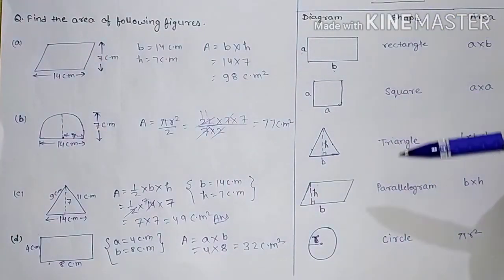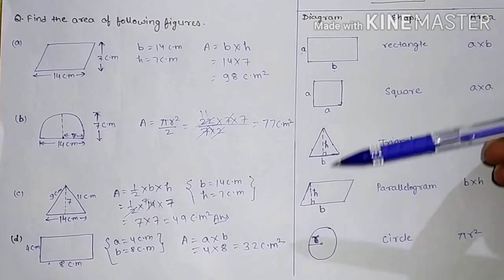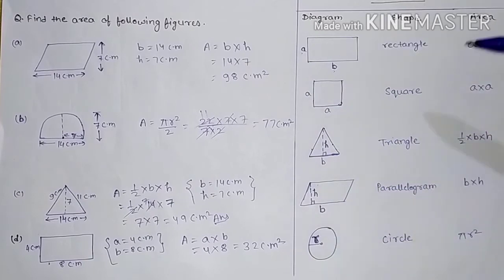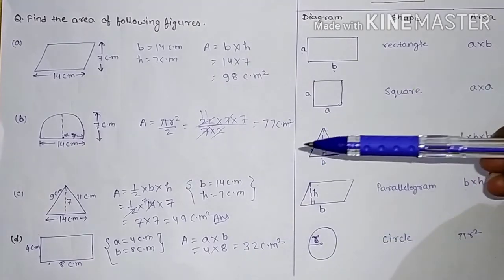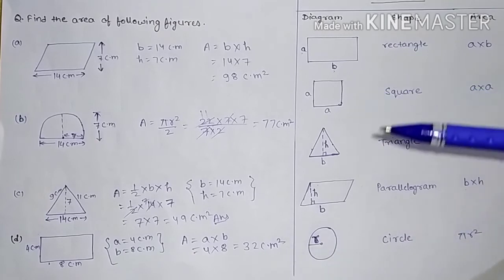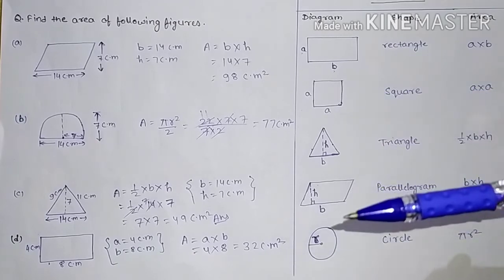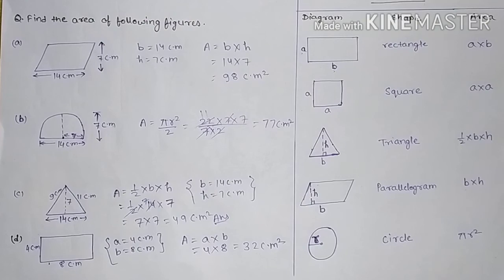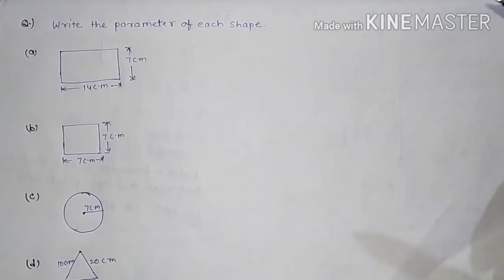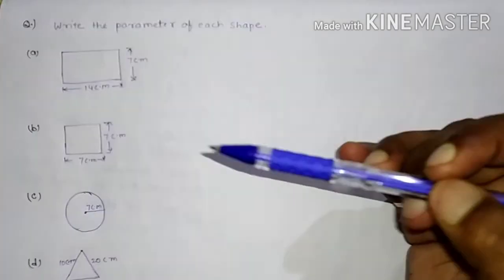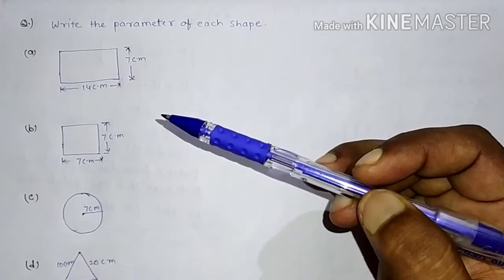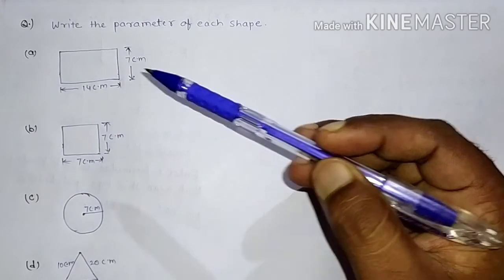This formula you have to learn, and you have to understand this figure and learn the formula. This is about area. This is the introduction part of area. Now next, perimeter of a given diagram. What is perimeter? Simply, perimeter means the addition of the measurements of all sides of the given figure.